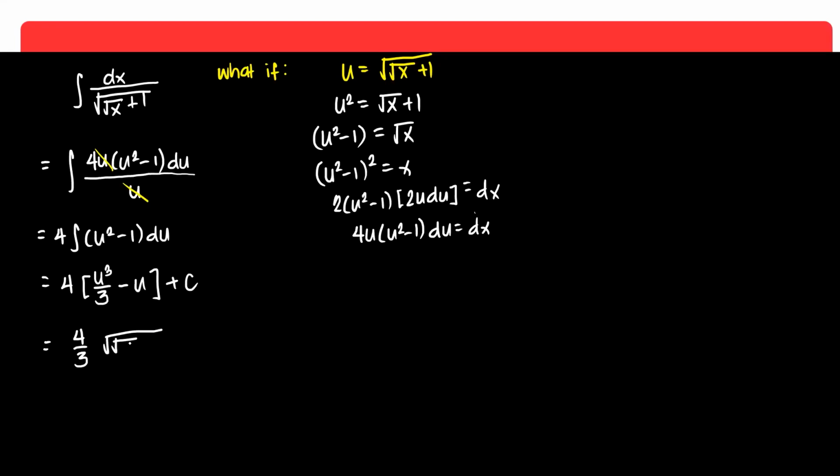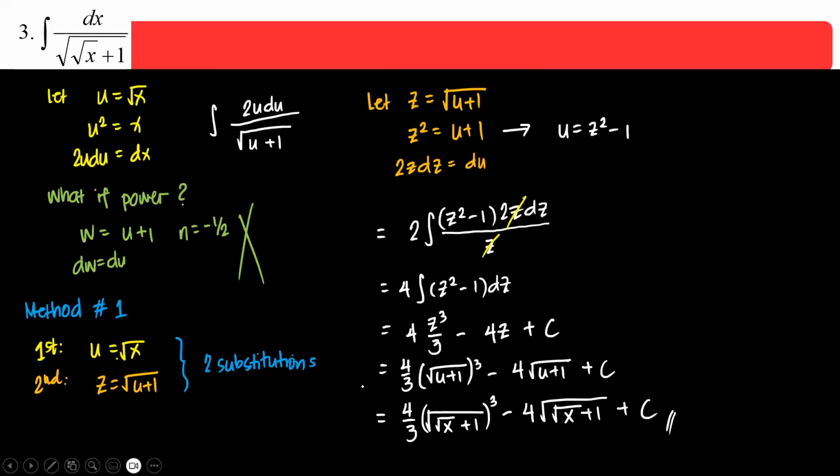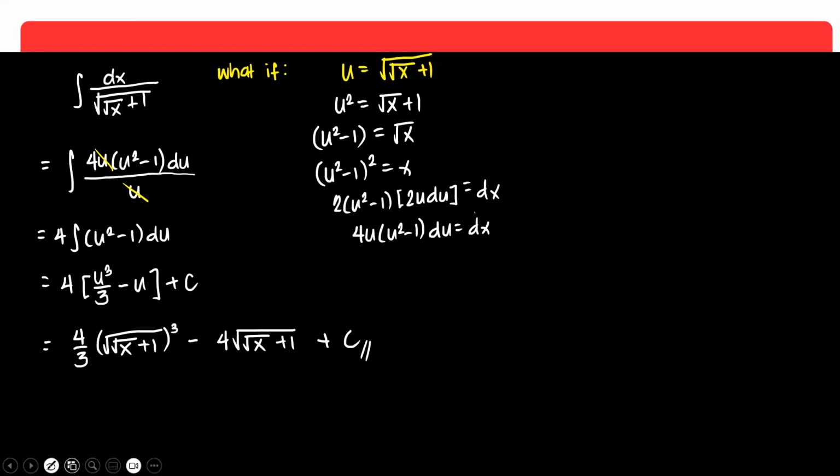Square root of the square root of x plus 1 cubed over 3 minus 4 square root of the square root of x plus 1 plus c. Isn't that the same answer as this one? But then we only did one substitution. So this is what you call method 2, where we did the substitution of the whole denominator.